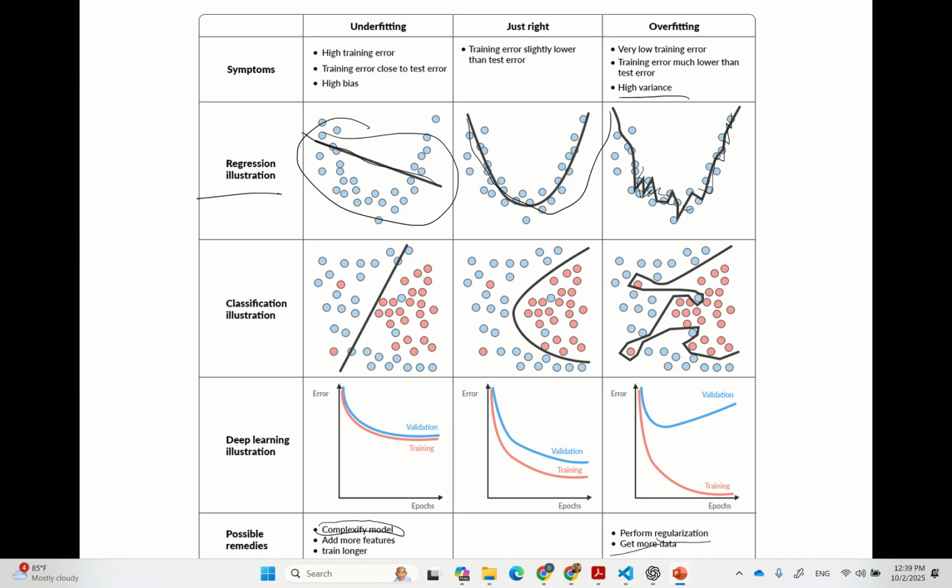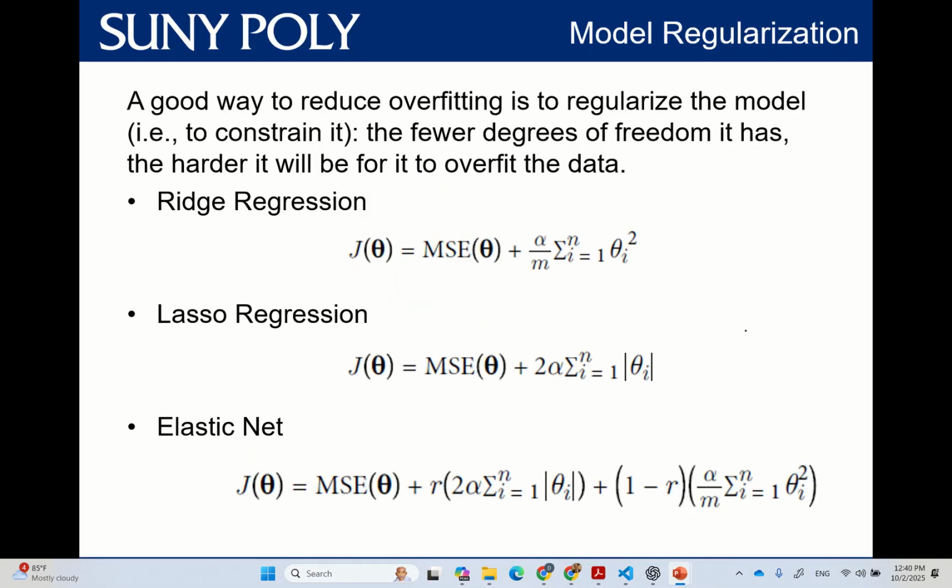So what is regularization? When you have overfitting, it means that the complexity of your model may be too high, and you need to decrease it a little bit. So we have some techniques for model regularization. Here let's discuss three regression techniques: ridge regression, lasso regression, and elastic net. In the three algorithms, we have a cost function.